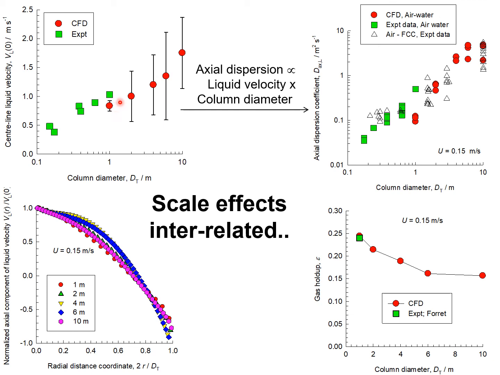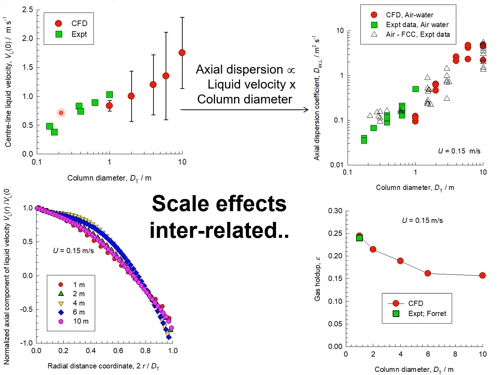The CFD simulations indicate strong fluctuations in the liquid velocity profiles, and therefore the estimations of the liquid velocity are subject to large error bars. In any case, we see that there is a strong increase in the centerline liquid velocity with increasing column diameter as we go from 1 meter, 2 meters, 4 meters, 6 meters, and 10 meters.